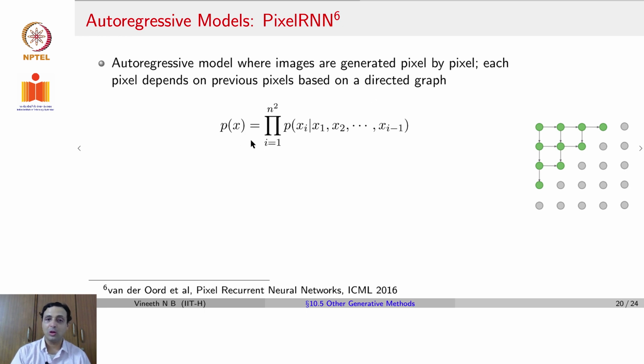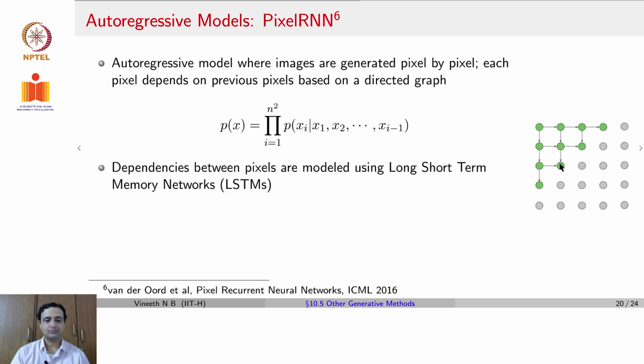So you have the overall joint distribution P of x given by the product over i equals 1 to n squared, assuming an n by n image, of P of xi given all the other pixels until that particular pixel. So you can see here that for any specific pixel, you look at all the other pixels that came before it to be able to influence the generation of the value at that pixel.